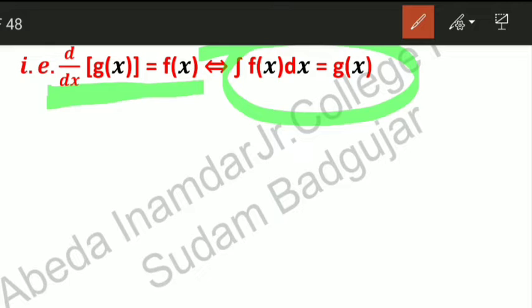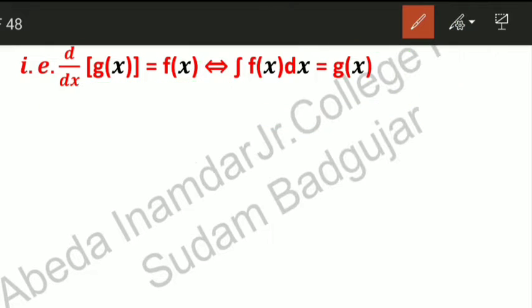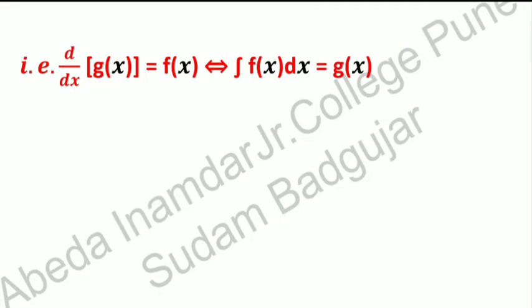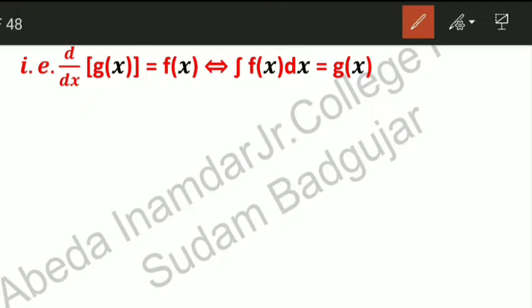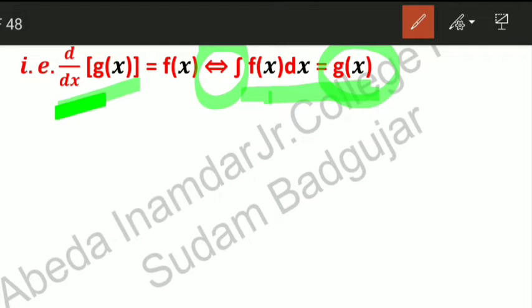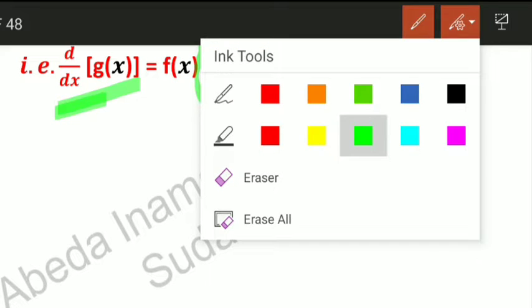It is vice versa, that is, if and only if. Suppose the integration of f of x is equal to g of x is given, then the derivative of the RHS, that is the derivative of g of x, is f of x. If and only if form.